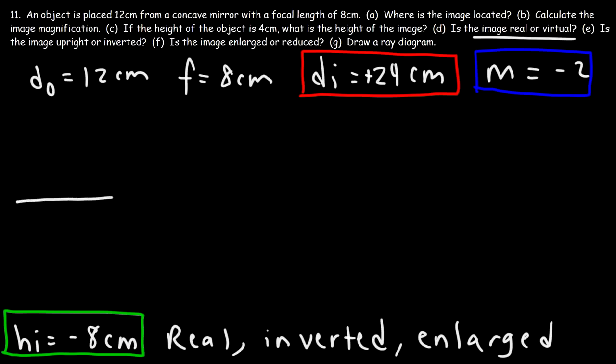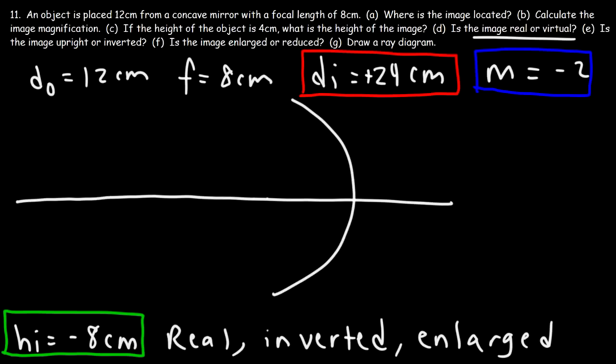Now, let's draw a ray diagram. So we're going to say the focal length is, let's say, here. And so that's 8 centimeters. So the object should be somewhere in this region. So we're going to draw a light ray from the object.